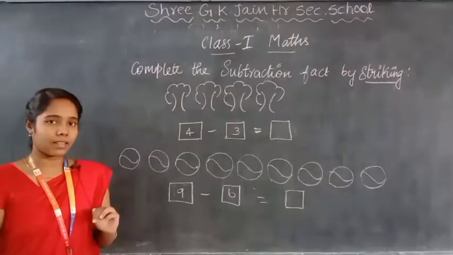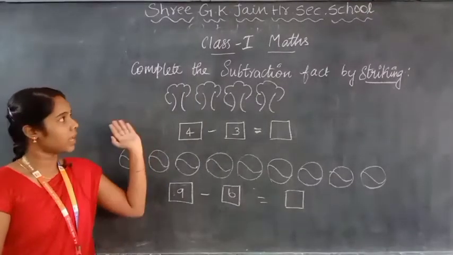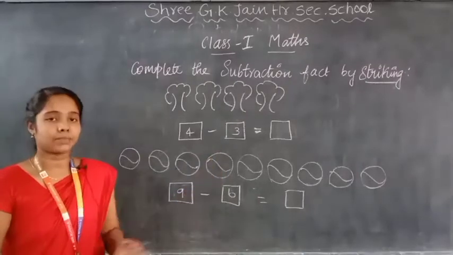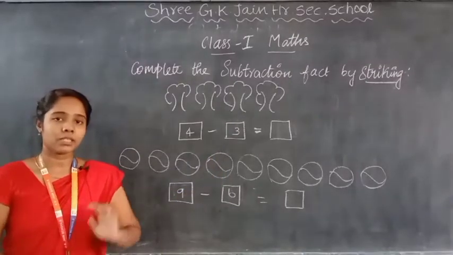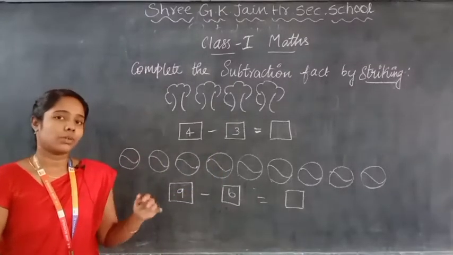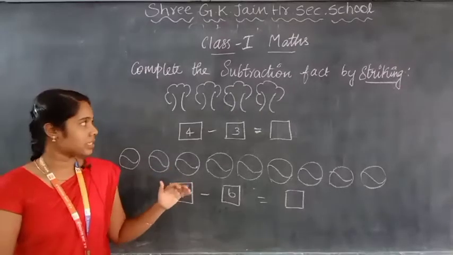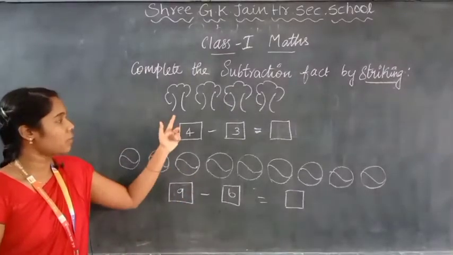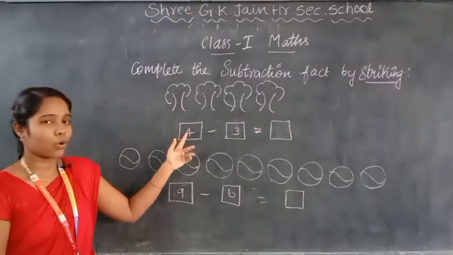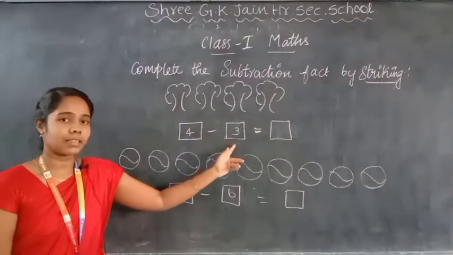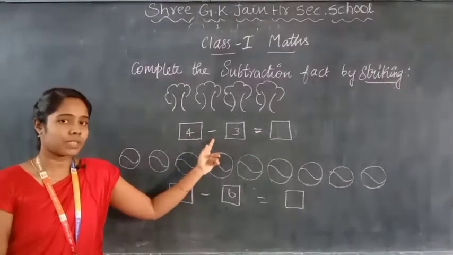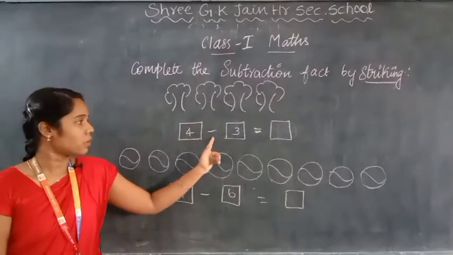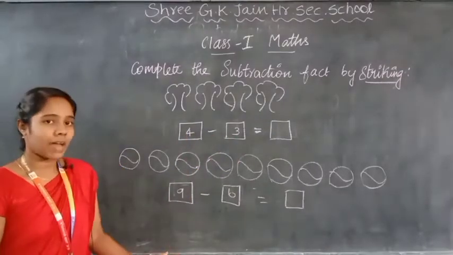Now shall we see another one? This method is to complete the subtraction fact by striking. Striking means you have to strike it out so that we will find the answer. Okay children, now shall we see how many trees are here? 4 minus 3. Minus is the symbol of subtraction, right? So 4 minus 3. What do we have to do?